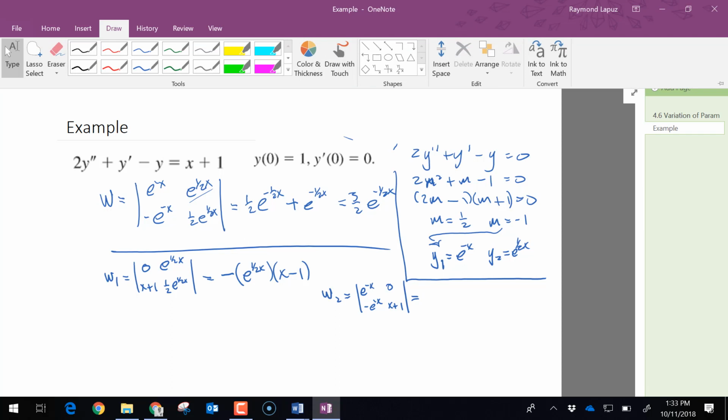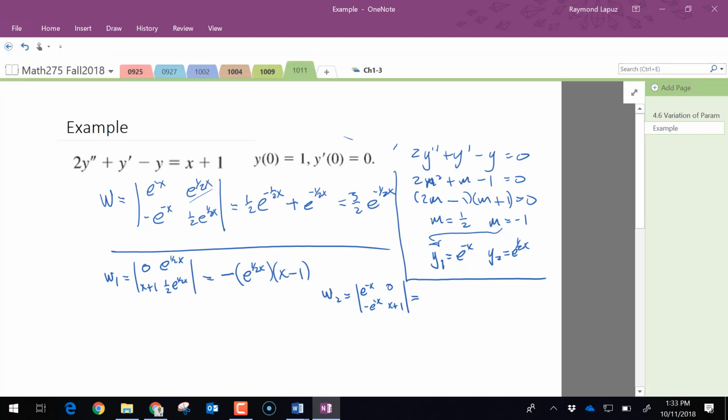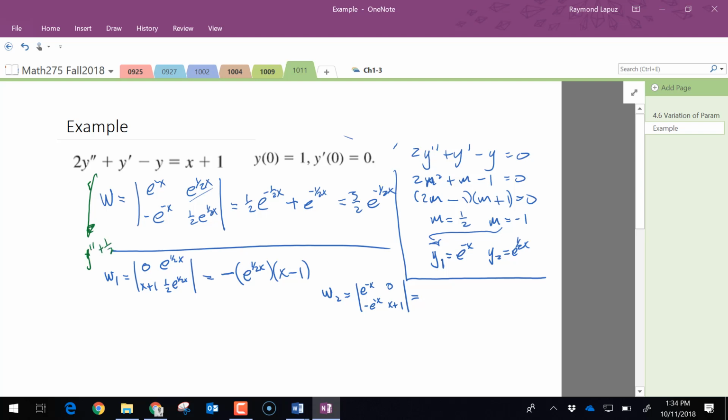Let me do this in a different color, to highlight it. So it's just going to be 1/2. This is y double prime plus 1/2 y prime minus 1/2 y is equal to 1/2 x plus 1.